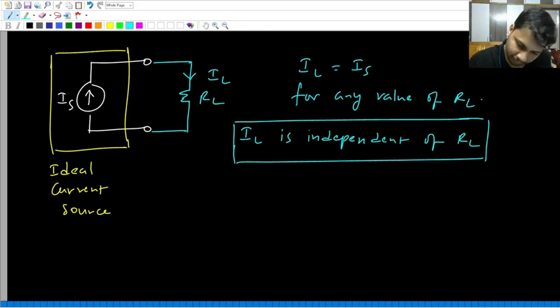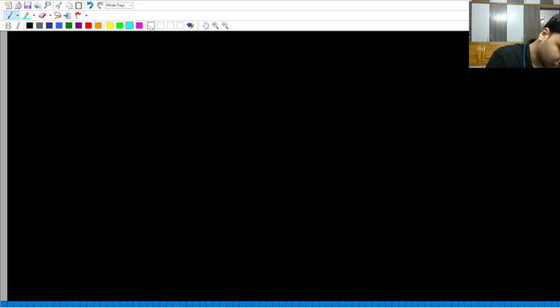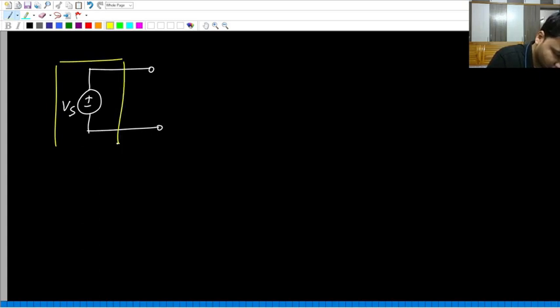Similarly, the other case we can have is this. This time, if I ask you what is this yellow box, you should say this yellow box is an ideal voltage source, because inside the box there is only one element, and that is a voltage source.